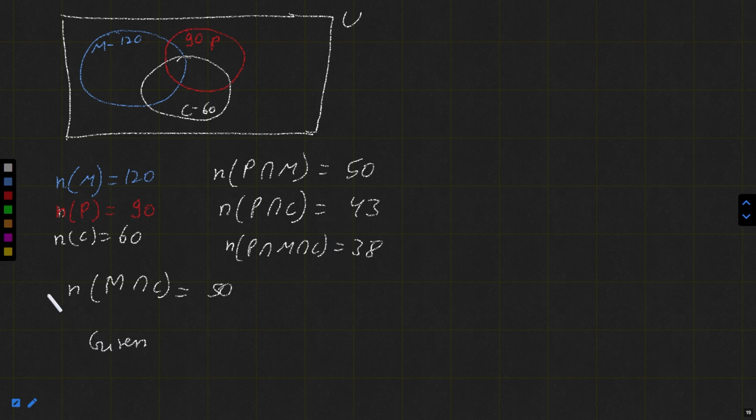Now we have to find out the number of students who have math only as their subject, physics only as their subject, and chemistry only as their subject. So let's understand the question step by step. We know the number of people in chemistry and math is 50.